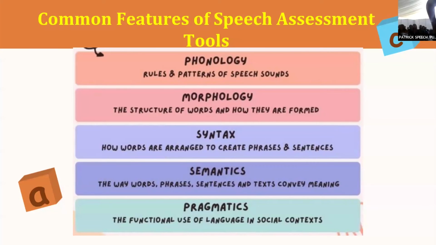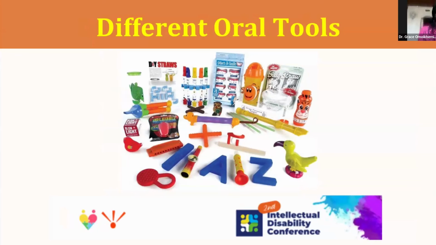Now, that's about language. Okay. So you have different oral tools, like the straw, like the tongue depressor or spatula, even the spoon you use in eating. Okay? These are very good oral tools.